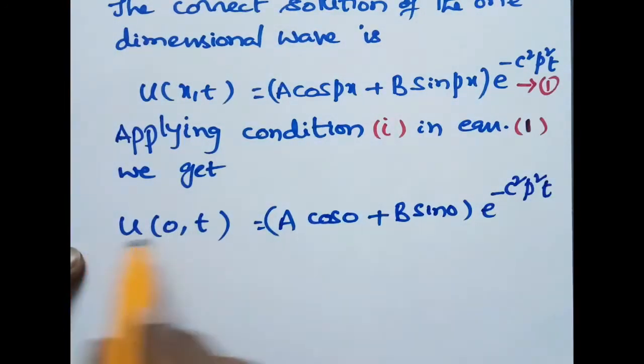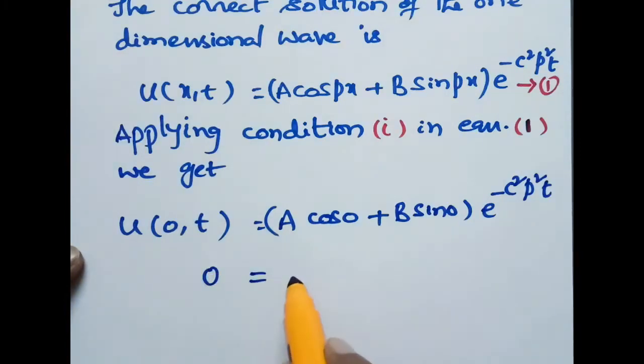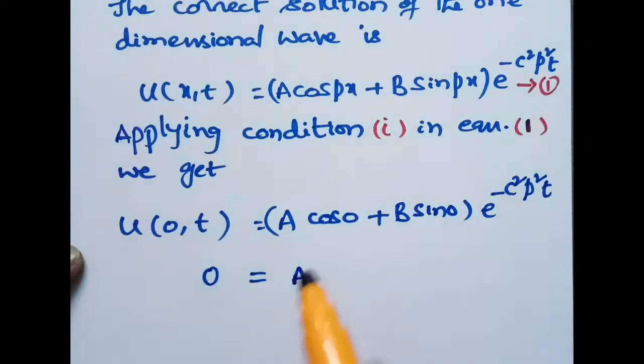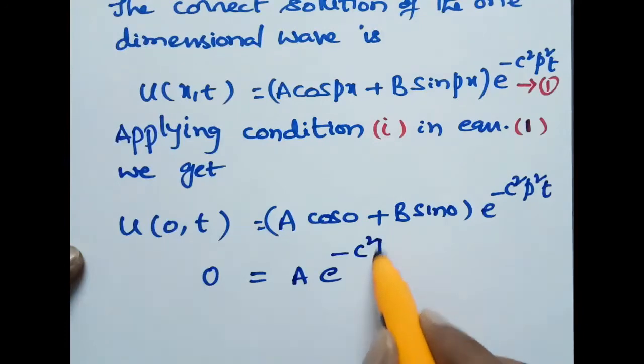Now u of 0 comma t, as in condition 1, equals 0. So 0 is equal to (a into cos 0, which is 1, plus b into sin 0, which is 0) into e to the power of minus c square p square t.